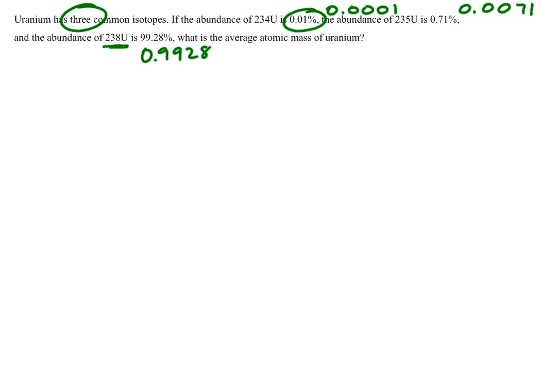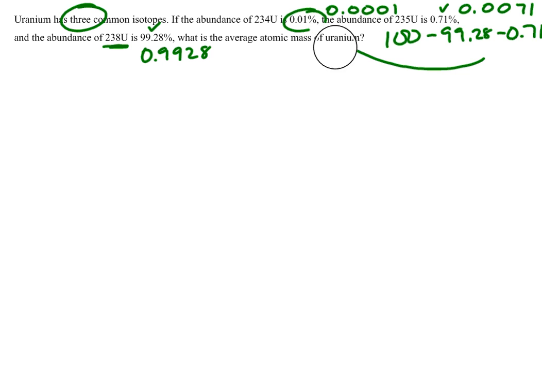Okay? So again, just to clarify, if I only gave you this guy and this guy, you'd still have enough information to solve this problem because you know that 100 minus 99.28 minus 0.71 is going to give you 0.01, right? So, enough of that. Let's go back to what we're doing.